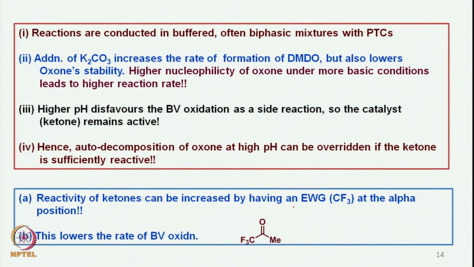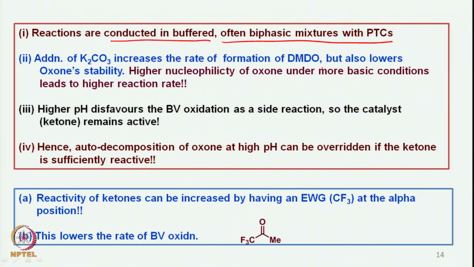So the reactions are conducted in buffer medium, often biphasic mixtures with a phase transfer catalyst, which is PTC. Addition of potassium carbonate increases the rate of formation of DMDO, but also lowers oxone stability.